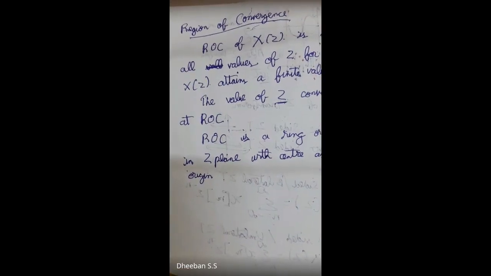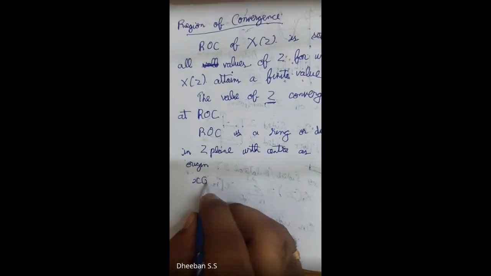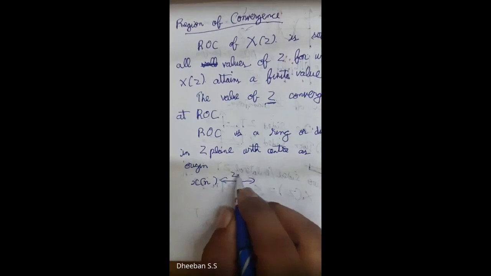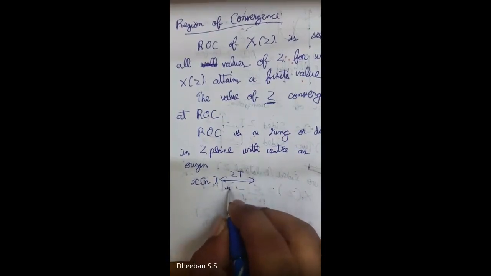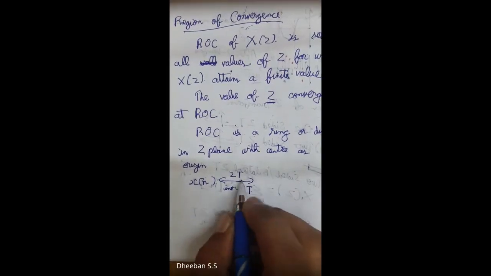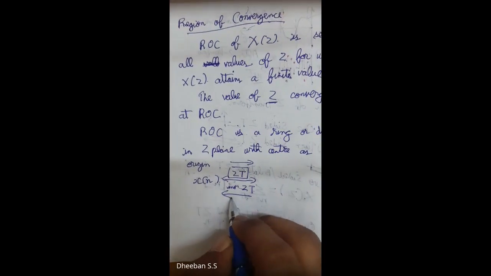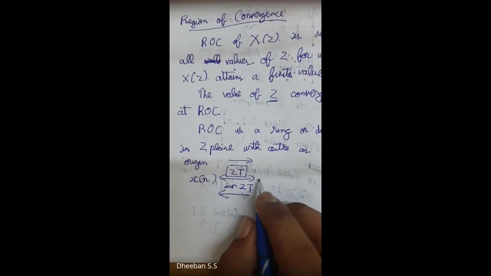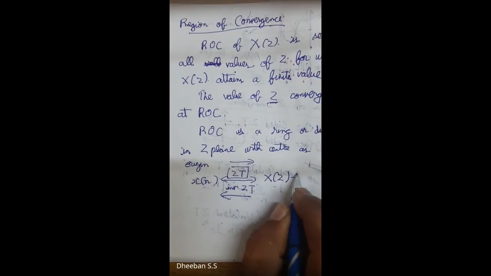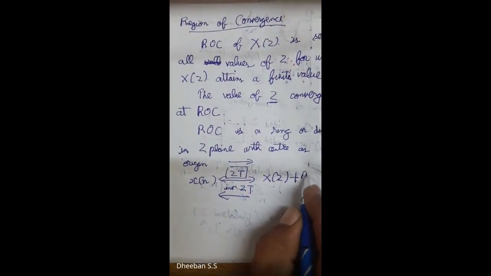If there is a signal x of n, we take the Z transform, or you can take the inverse Z transform. This is the bidirectional property. The Z transform is for the forward direction, the inverse is for the reverse. So getting the Z transform means we get x of z, which is unilateral or bilateral, plus the region of convergence, ROC.